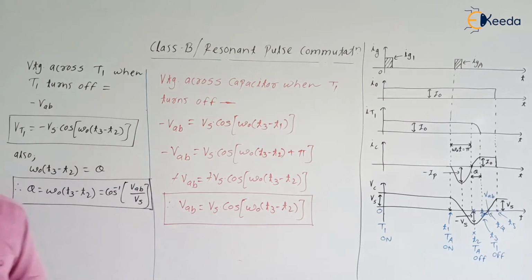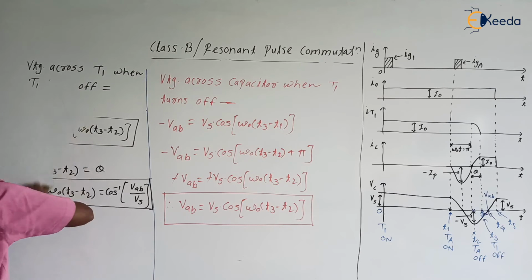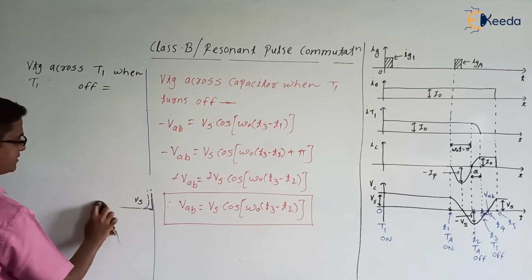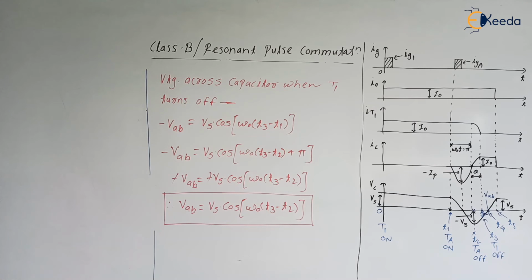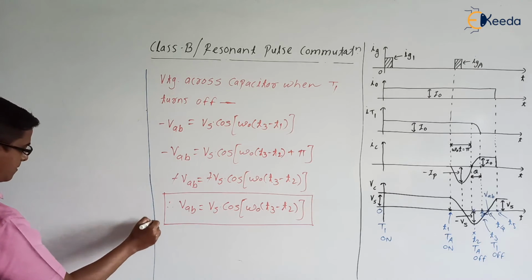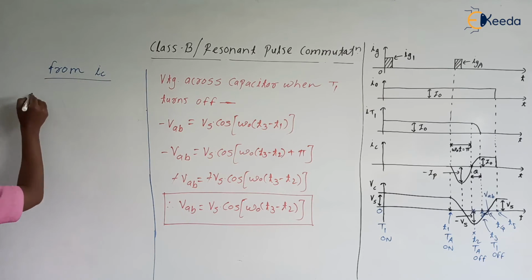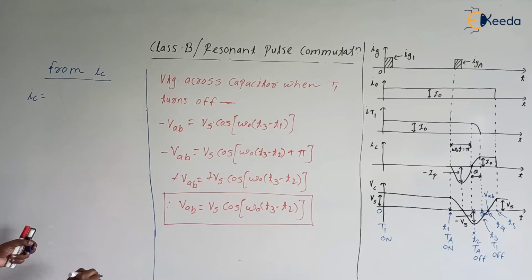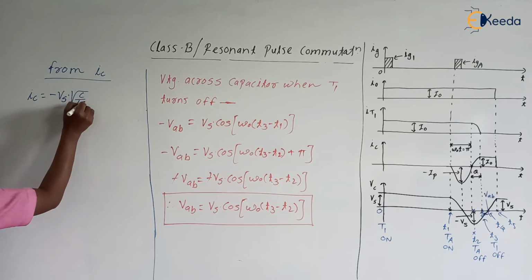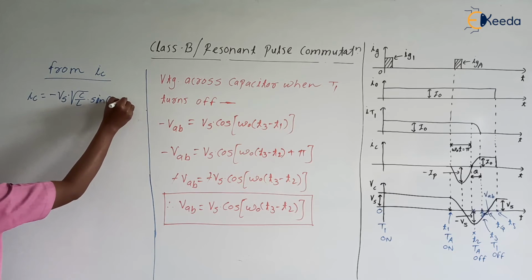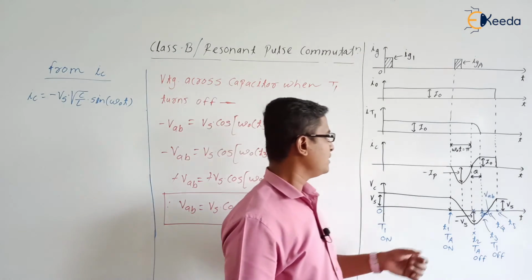From the expression of IC, we can write IC equals minus Vs times the square root of C by L times sine of omega 0 t. We already derived it. So this is the expression.